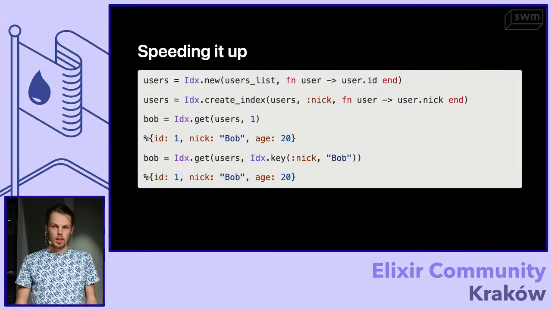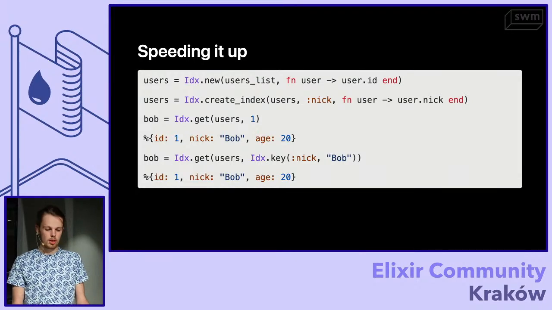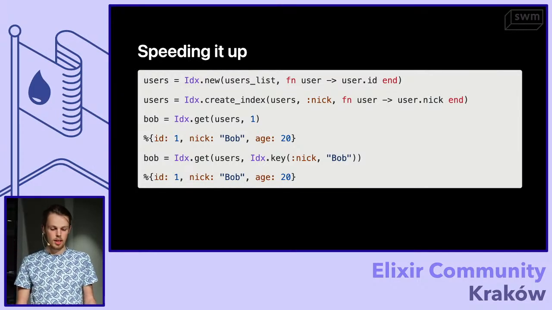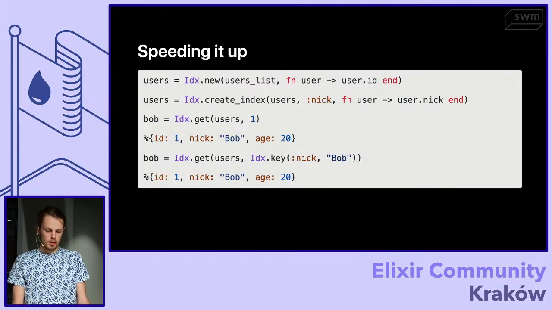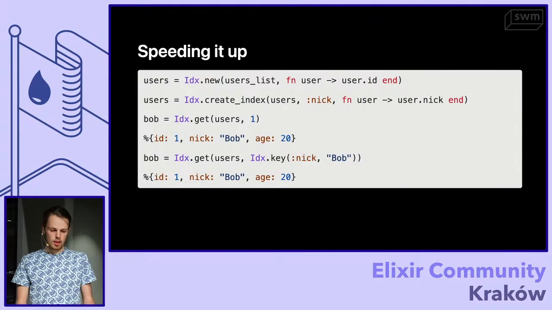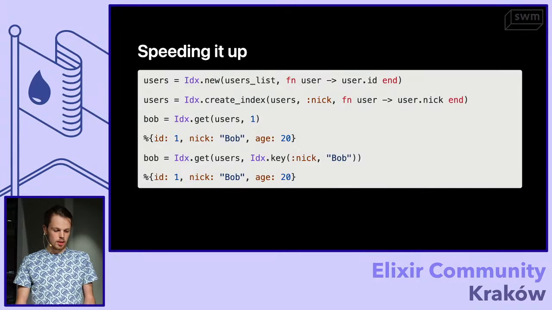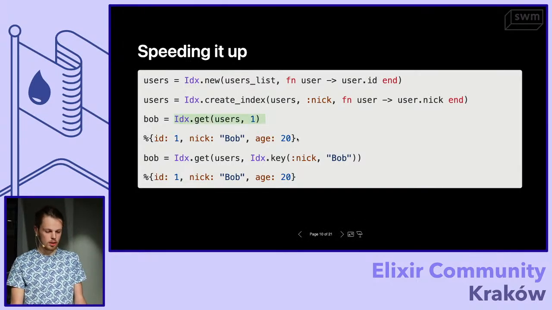IDX provides a functionality called indices and a function called create index. So we can create an index on users. We can call it this index a nick and pass a function as we did in IDX new. In this case, the function will return the nick because we want to index by nick. Then we can get a user by their ID as we did before, and it still works.